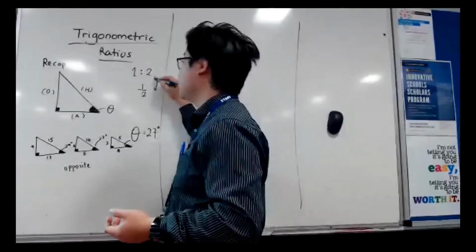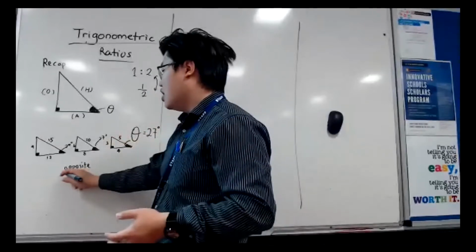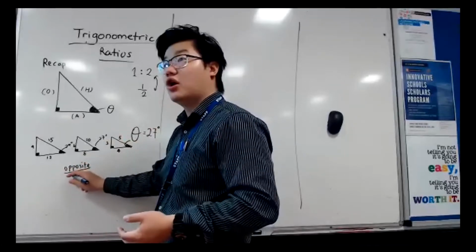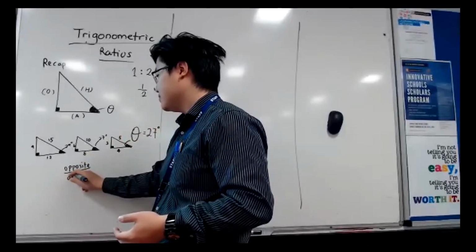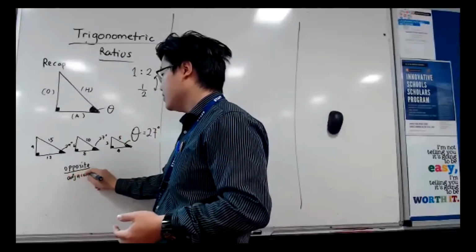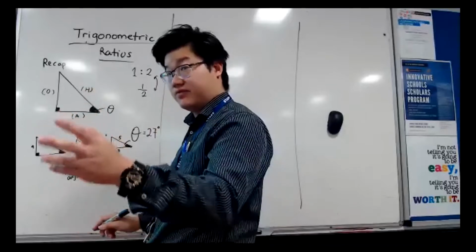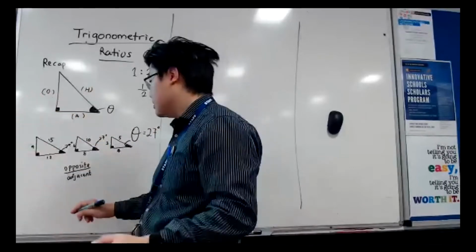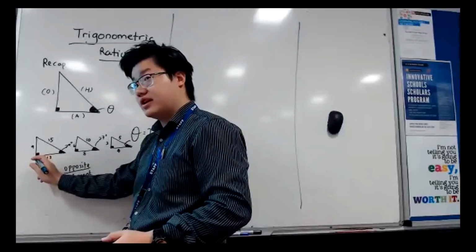They mean exactly the same. So this is a trigo ratio, opposite over adjacent. Let's figure that out. If you have a calculator, grab one and take it out.